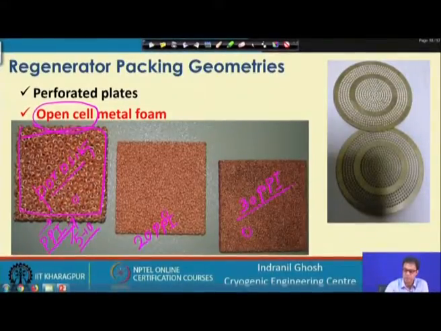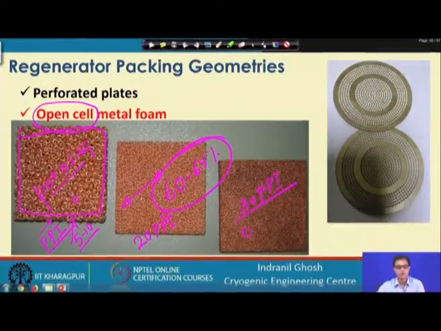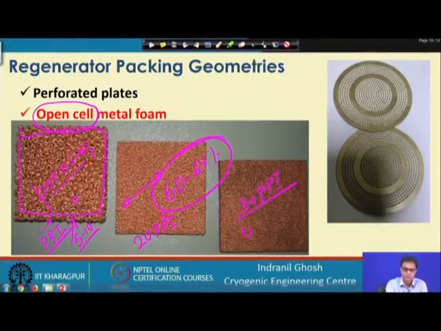These are copper foams. Porosity can be varied over a wide range, and typically 60 to 65% porosity is looked for in regenerative materials when metal foam is used as the regenerative material.